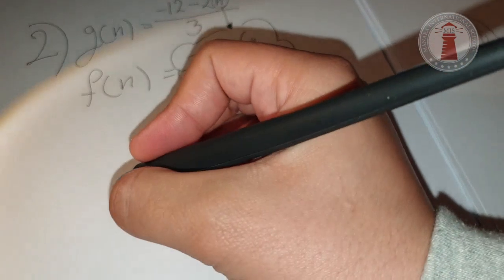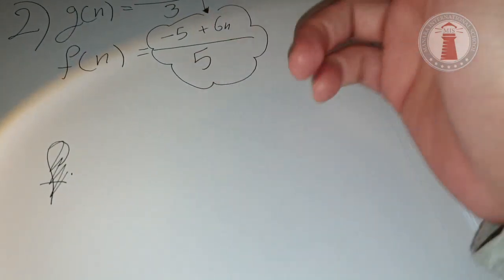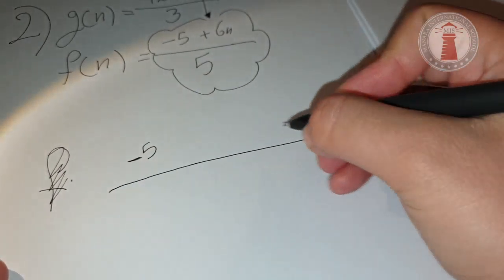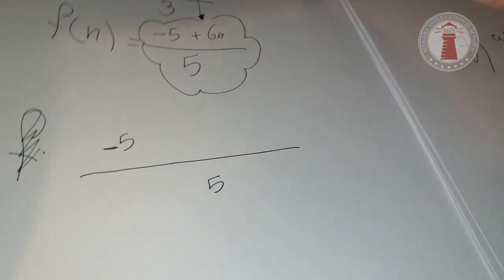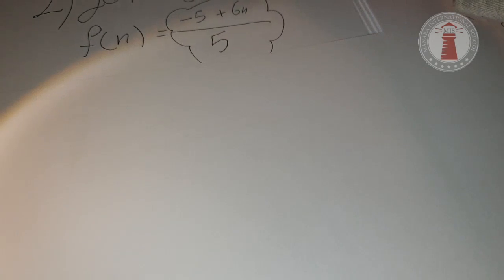Let's do this. We'll be having f of n. Sorry, I just did it vice versa. What I did is I substituted the first one and the second one. We're doing it vice versa.